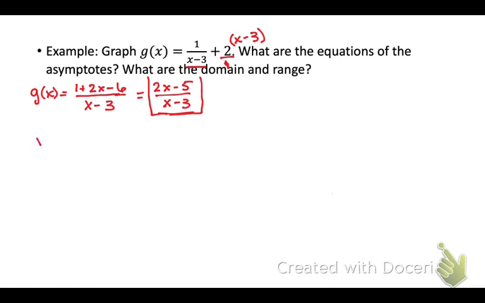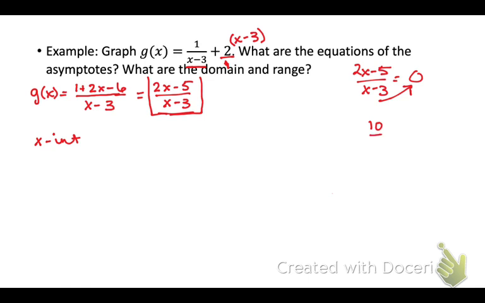So for the x-intercept, remember, we set it equal to 0. I'm going to have a quick discussion, and I don't want you to write this down. If I set 2x minus 5 over x minus 3 equal to 0, the first thing I do is multiply over the x minus 3, and I'm going to get what? 0.